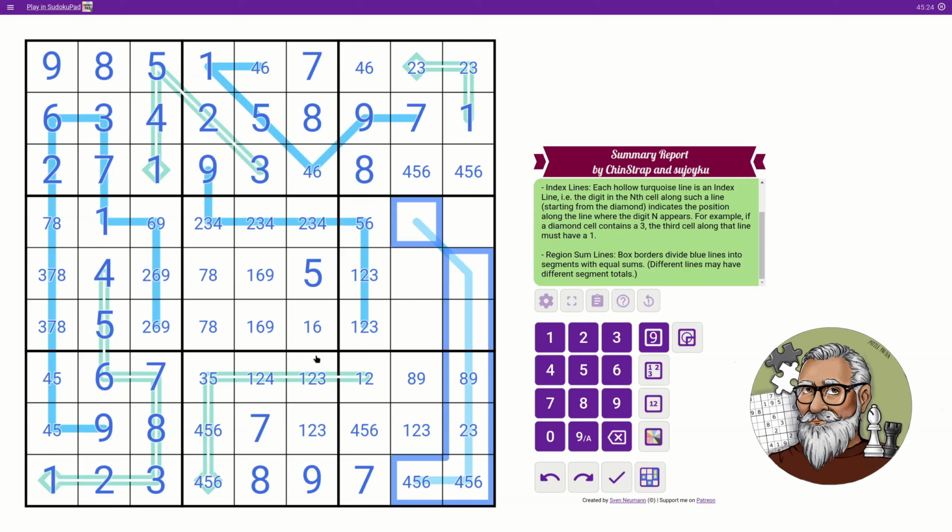4 is in 2 places, 6 in 2 places, 4, 6. Well, there's a 9 here, but that doesn't help us. 3. No, well, there is no 3. Similar, but not the same. There is no 3. It's 2 or 4.